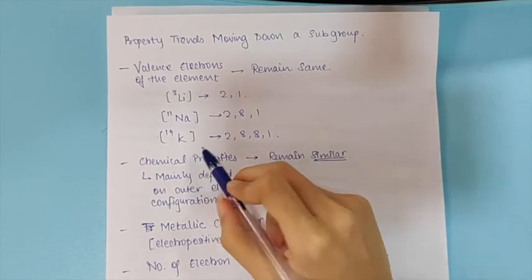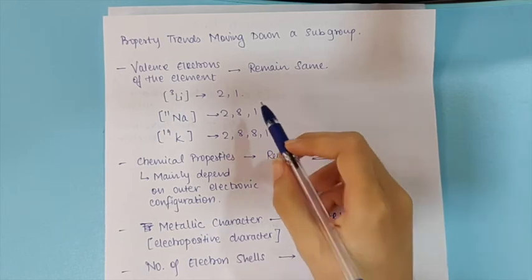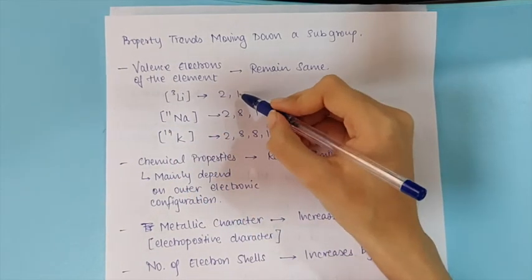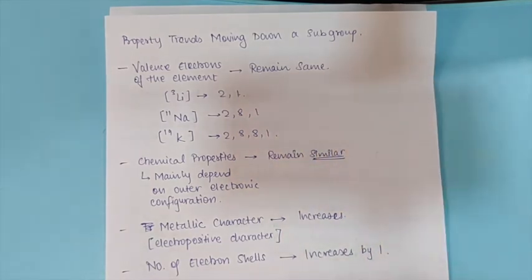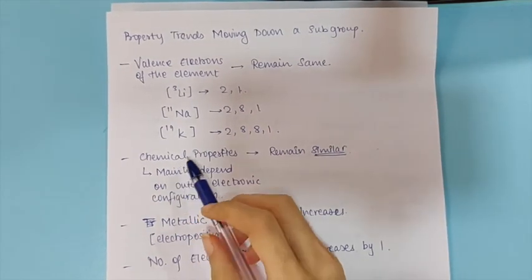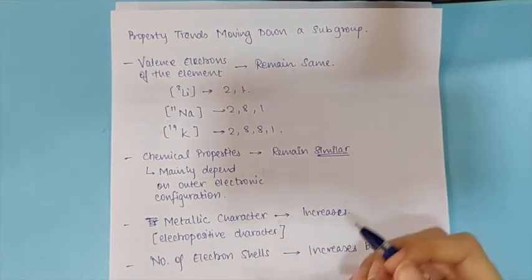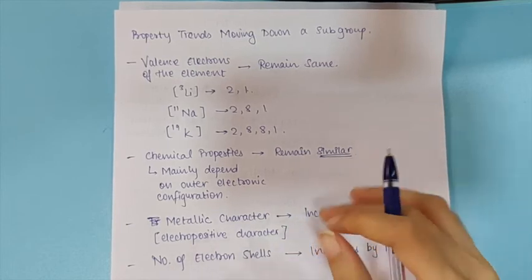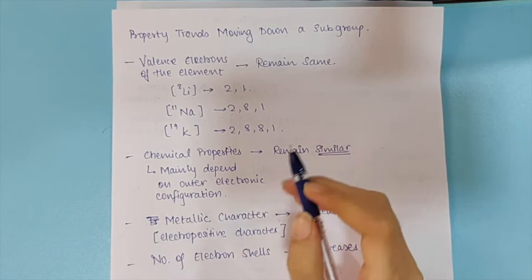For potassium it's 2, 8, 8, 1. We see that the valence electrons, that is the electrons in the last shell, remain the same, that is 1, 1, 1. The second property is about the chemical properties. The chemical properties, when you go down a subgroup, remain similar because mainly it depends upon the outer electronic configuration.